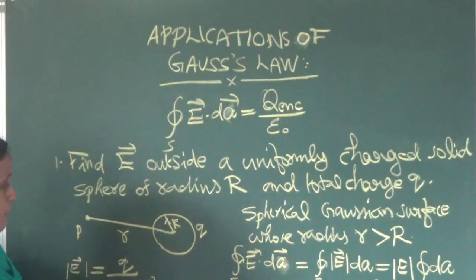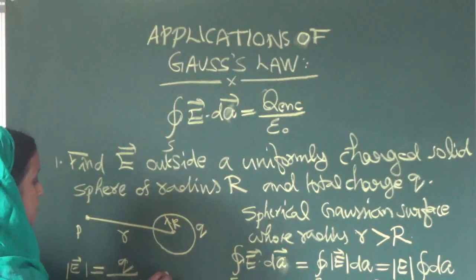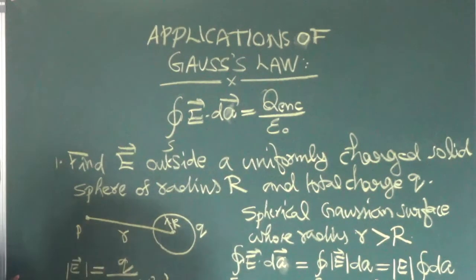In vector form this electric field is radially outward, so you can write electric field equal to Q by 4 pi epsilon 0 r square r cap.